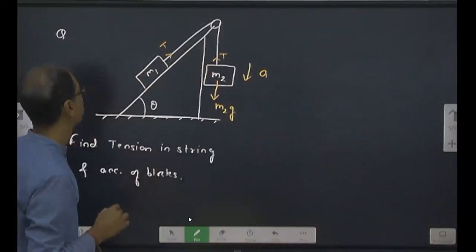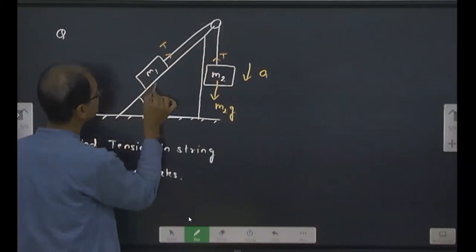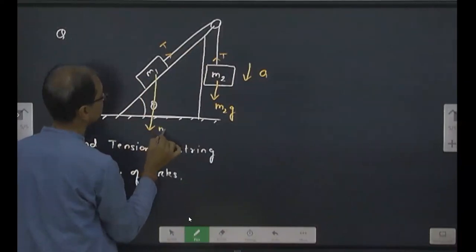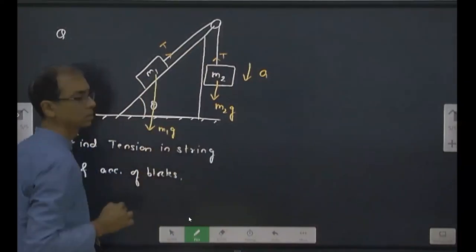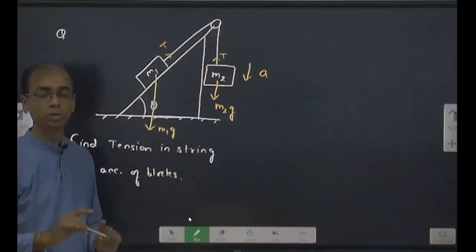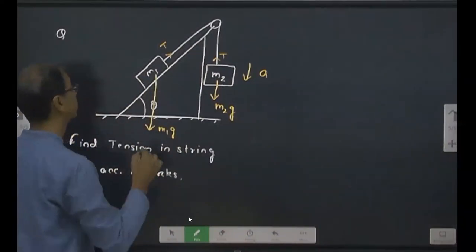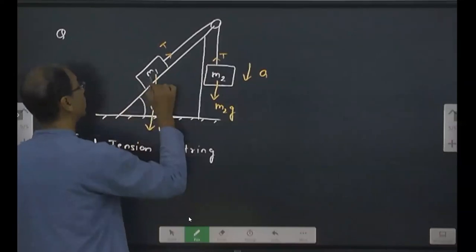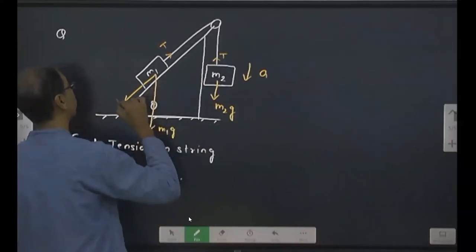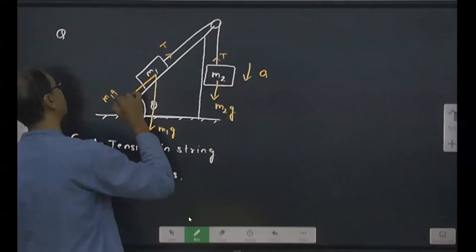Now, M1G is acting in this direction actually. So M1G is not going to pull it downwards in this way. Which force will pull it down? Remember that. What force? Sine theta.